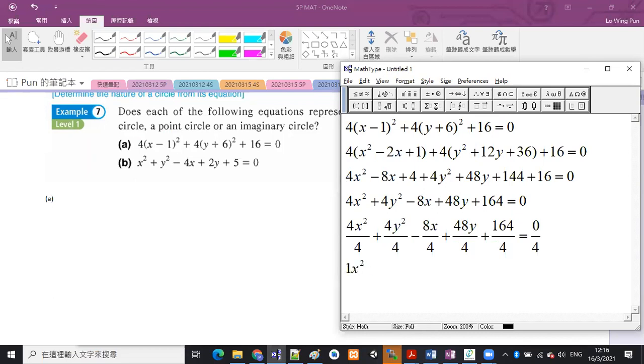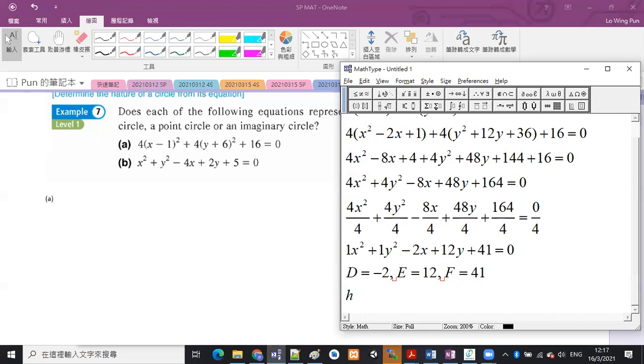So 1x squared plus 1y squared, that is good. Now, minus 2x plus 12y plus 41 is equal to 0. So now, right-hand side is equal to 0, and then the x squared and y squared becomes 1x squared plus 1y squared. So the d value is equal to -2, and e is 12, and f is 41.